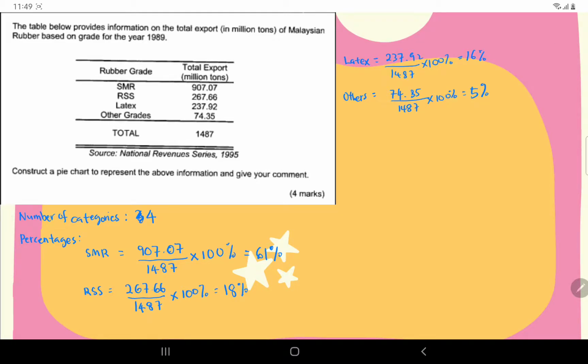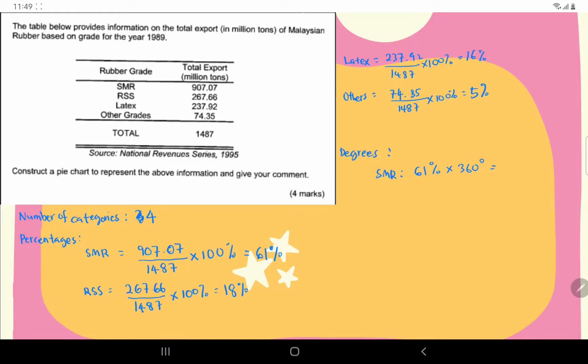So how is it calculated? To calculate the degrees of each of the rubber grades, for SMR we have 61%, so 61% times 360 degrees.